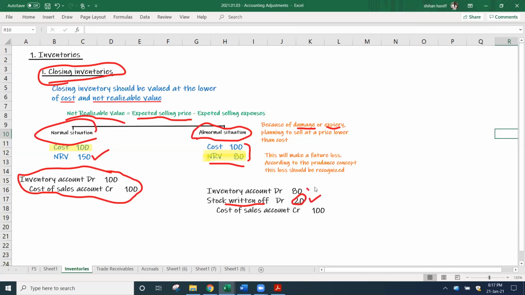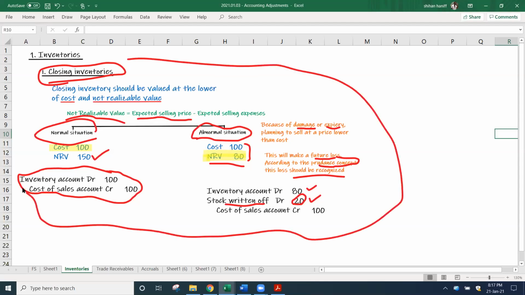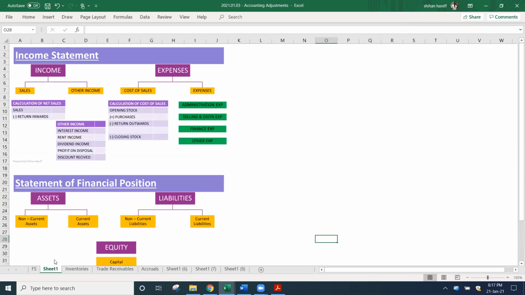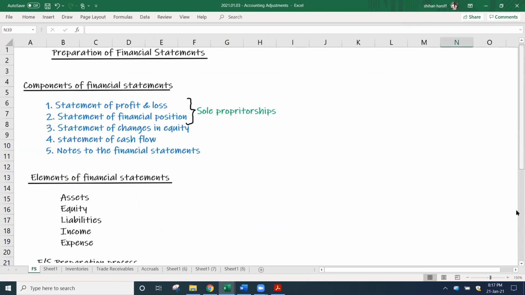The inventory account is only 80. Write off 20, inventory is 80. Why do we have to write off? This is a future loss. According to the prudence concept, we need to write off future losses. This is the concept of inventory that we will learn in accounting adjustments. We have different adjustments in the financial statements.